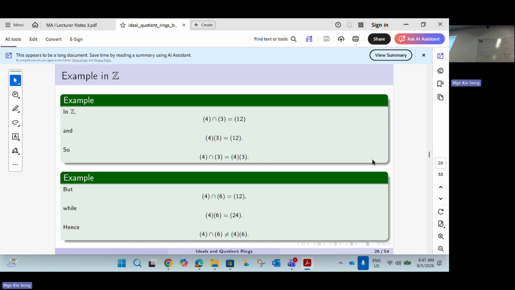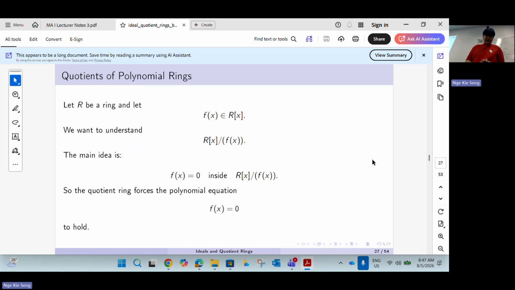The LCM is 12, right? So it cannot be equal. This must be bigger than this, and this contains more elements.